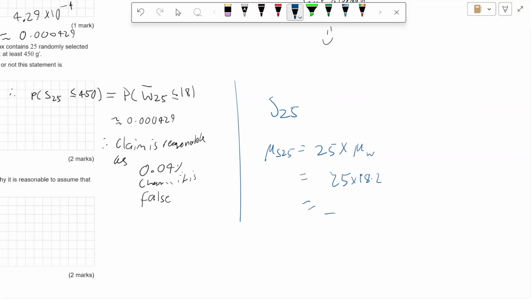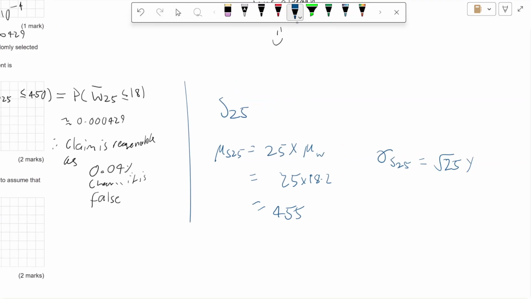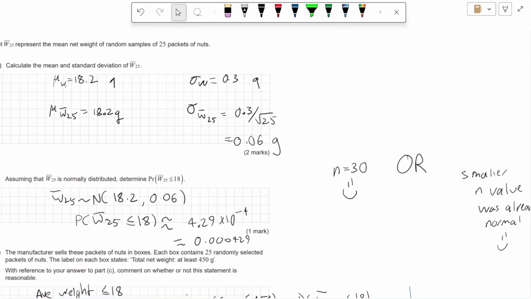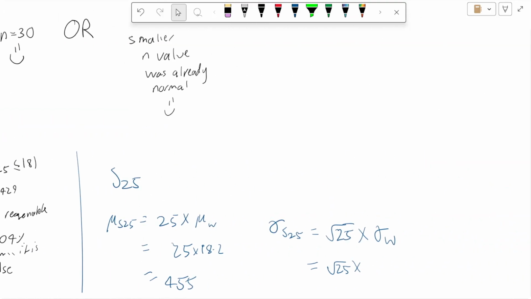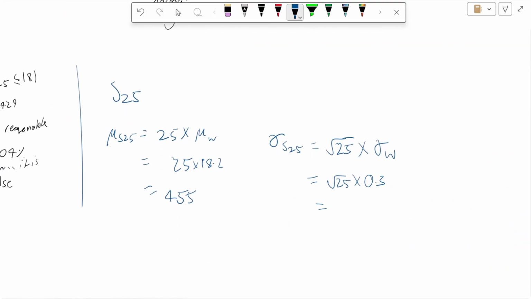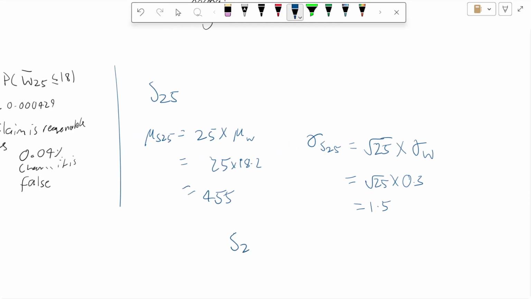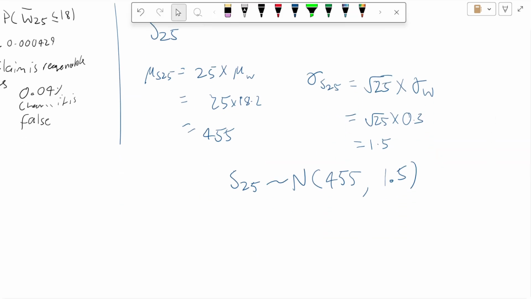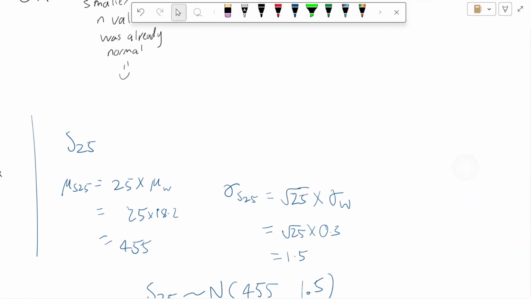And the standard deviation of S25 is root 25 times the standard deviation of one original one. So root 25 times 0.3, which is 1.5. So S25 is distributed normally. It's got a mean of 455 grams and a standard deviation of 1.5 grams. And the probability that S25 is less than their advertised weight of 450.